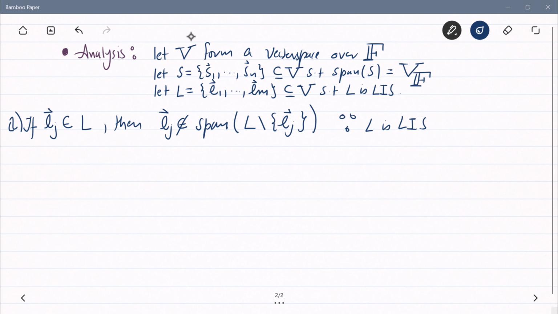This is obviously true because that's what the definition of a linearly independent subset is. If this was possible, then it would no longer be a linearly independent subset.